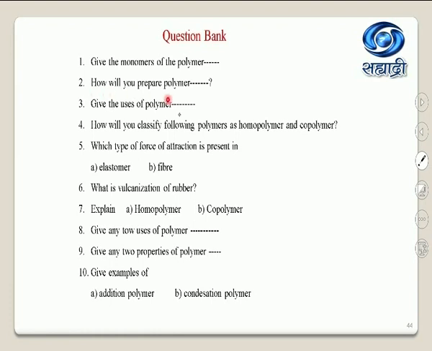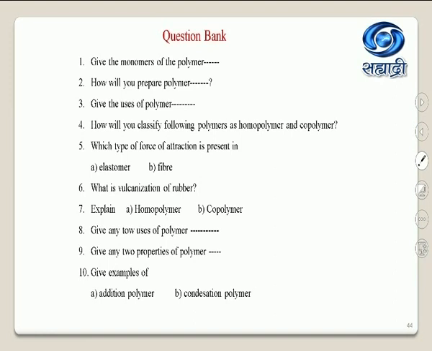Next question is, how will you prepare a polymer? Already we have studied preparation methods for each polymer given in your textbook. Give the uses of polymer. You have to prepare uses of all polymers. How will you classify the following polymers as homopolymer and copolymer? Already we have studied this classification.